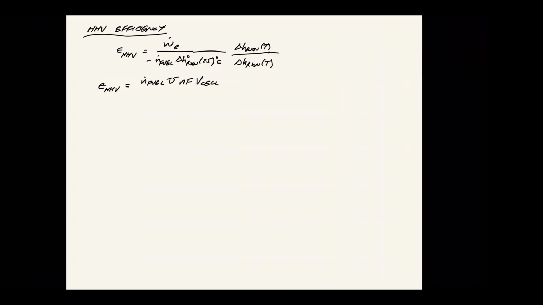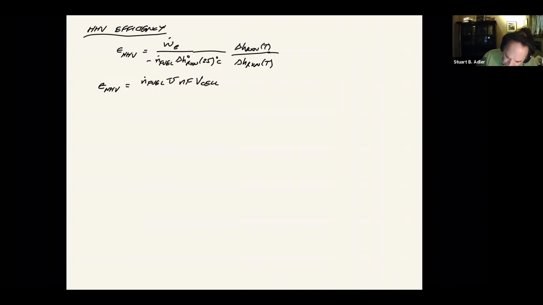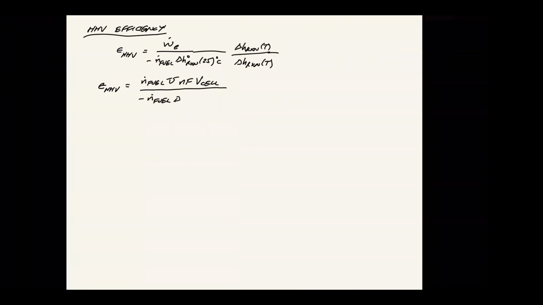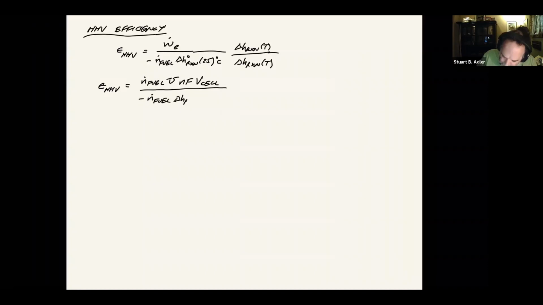That's the electrical work. And then I'm dividing that by N dot fuel times delta H of reaction at temperature T. And then I'm going to put in this ratio of delta H reaction at temperature T divided by delta H0 of reaction at 25 C.